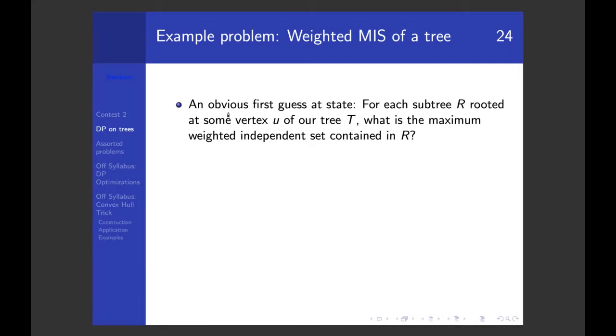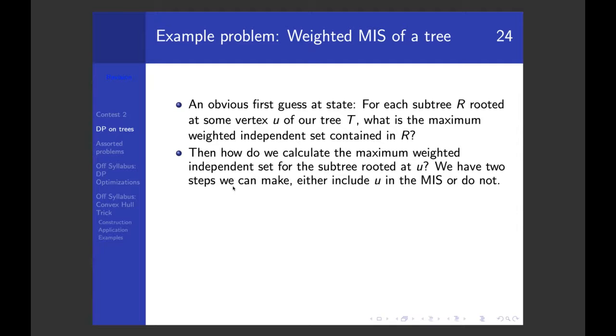So I guess a first step of a state is just, given a subtree that is a vertex, what is a maximum weighted independent set in this subtree? If we can solve this, obviously the answer to the question is just for the root of the entire tree: what is the maximum independent set in that? And then if we can solve this for each subtree, then we can get the answer.